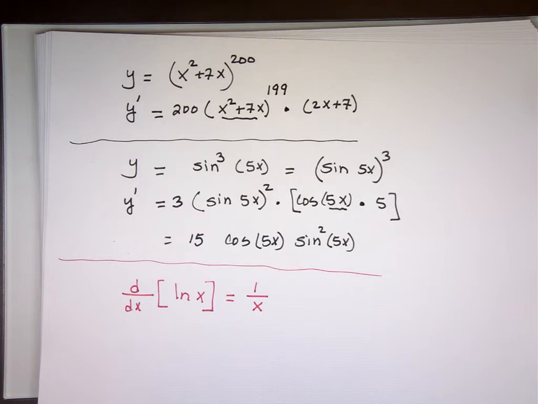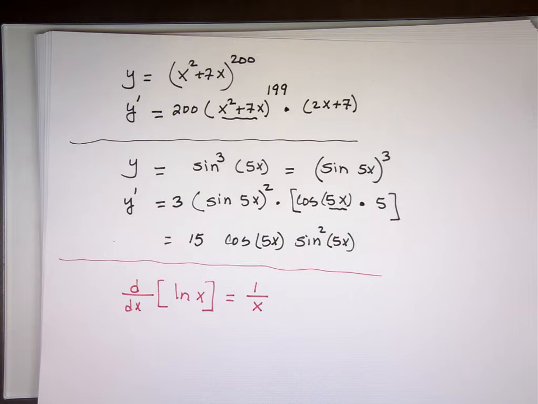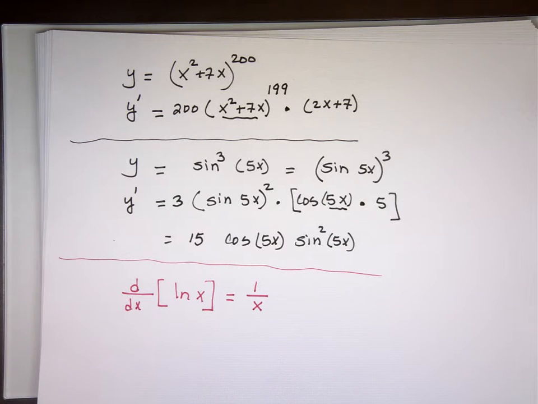I can derive that just going through step number 1, f of x plus delta x. Step number 2, f of x plus delta x minus f of x. Step number 3, divided by delta x. Step number 4, take the limit as delta x approaches 0. If we did that, you'll end up with that answer. I'm not going to derive it.